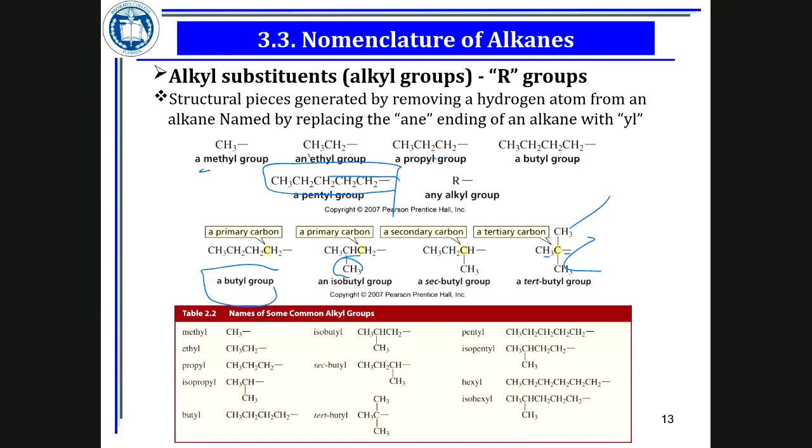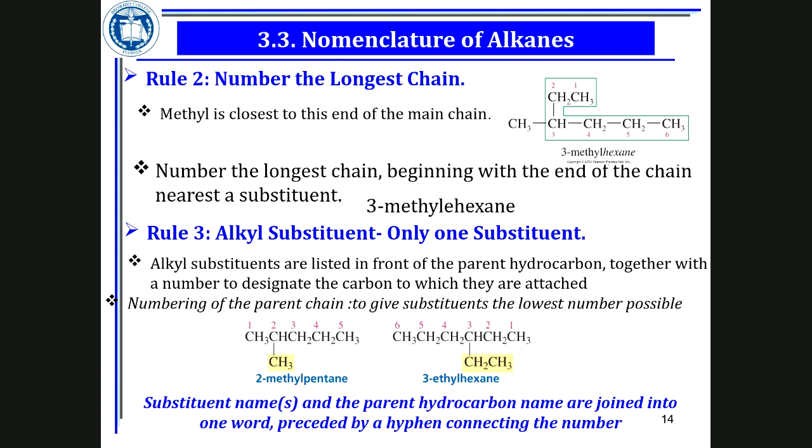If you know the names of branches, then it's easier to number. Chapter number 3, especially naming alkanes, you have to learn very well, because if you don't learn this, you won't be able to name the compounds in chapter 12, 14, 16, and everything else. So these are the baby steps in naming, just like naming of the elements in the periodic table.